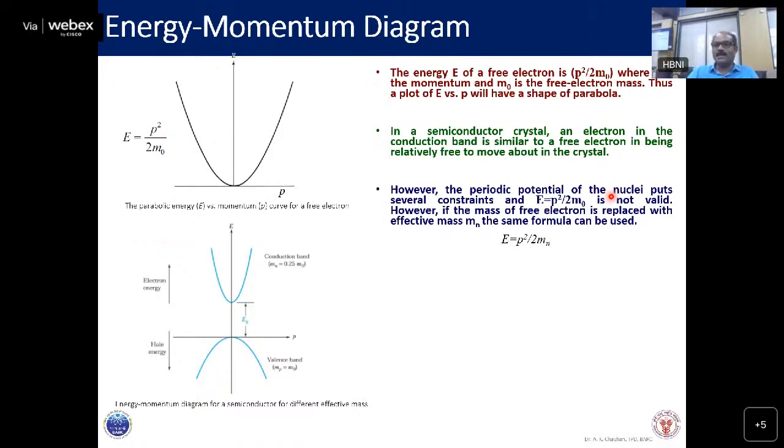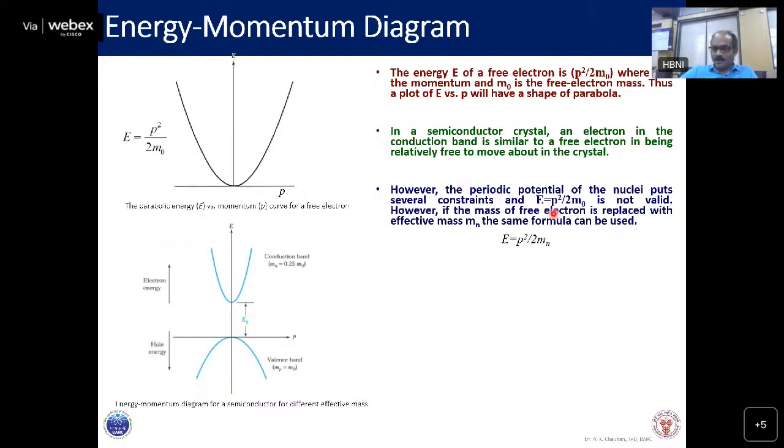So if it is behaving like a free electron, though it is in a crystal, it can follow this formula, E equal to P square upon 2m. But this is as far as the energy gaining is concerned.